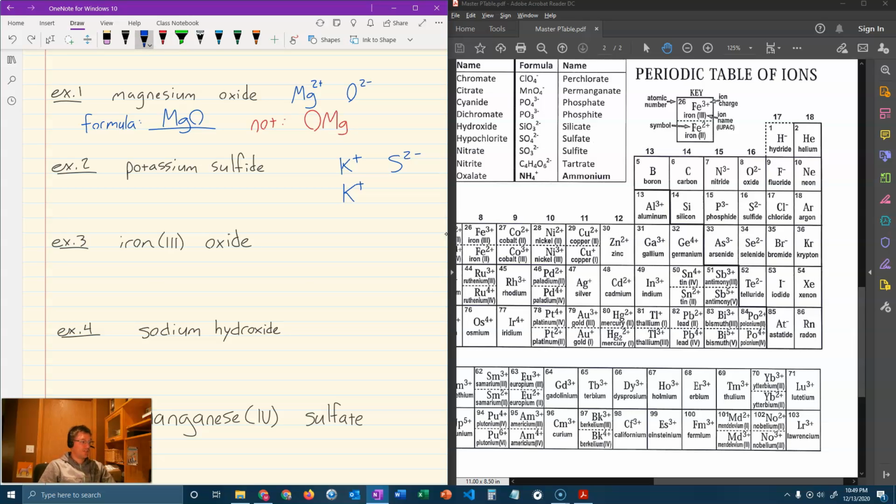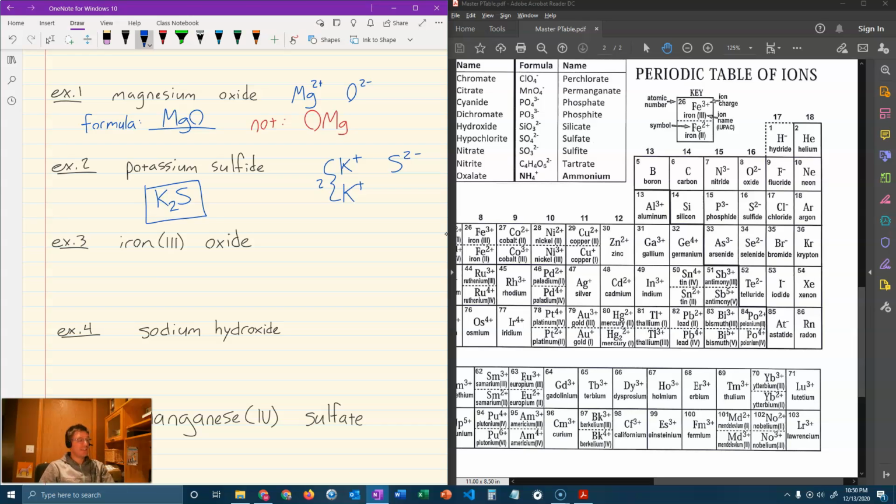So we're going to write our symbols K and S, and now you can see that there are 2 potassium ions, so we're going to put a subscript 2 after the K. I don't need to do anything with the S because there's only one of those, so the S just stays alone. And that's our final answer. K2S is the formula for potassium sulfide.